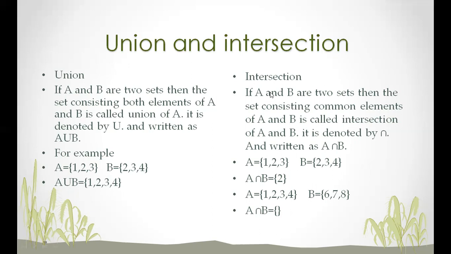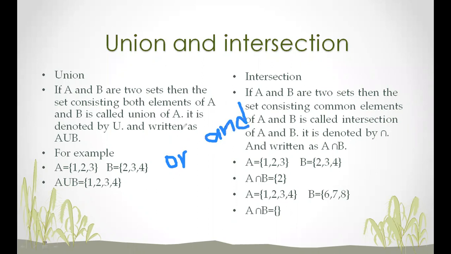What is intersection? Intersection is the opposite of union. If A and B are two sets, then the intersection is the set consisting of the common elements of A and B, meaning those elements which belong to A and which belong to B. In union, the word "or" is important, and here the word "and" is important.